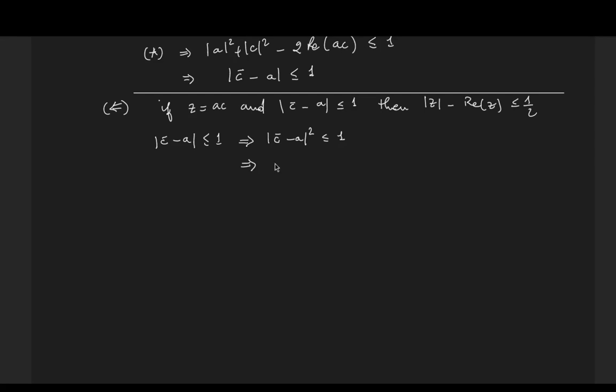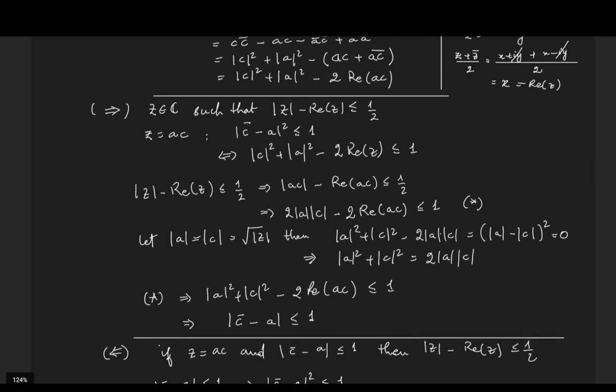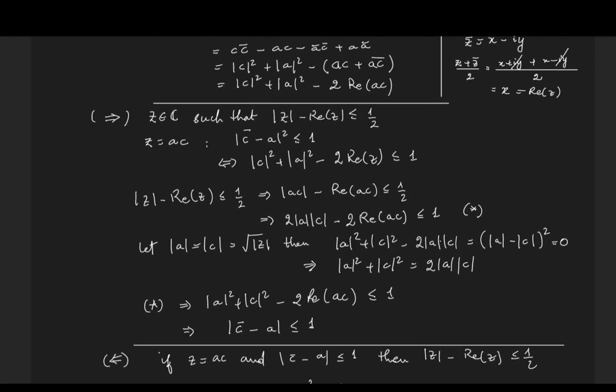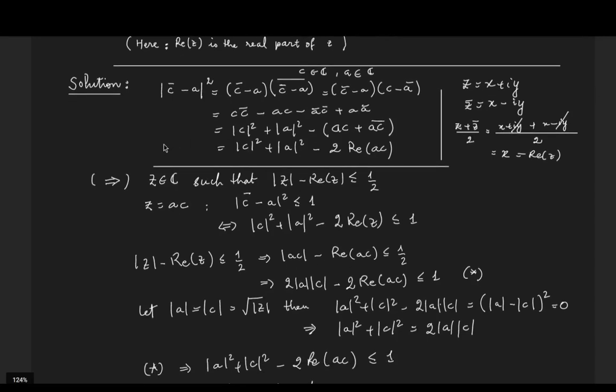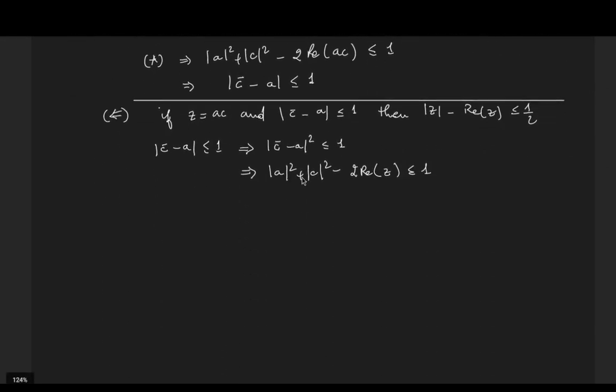That means |a|² + |c|² - 2 Re(z) ≤ 1. From the beginning, we proved that |c̄ - a|² is equal to this. So this is it.